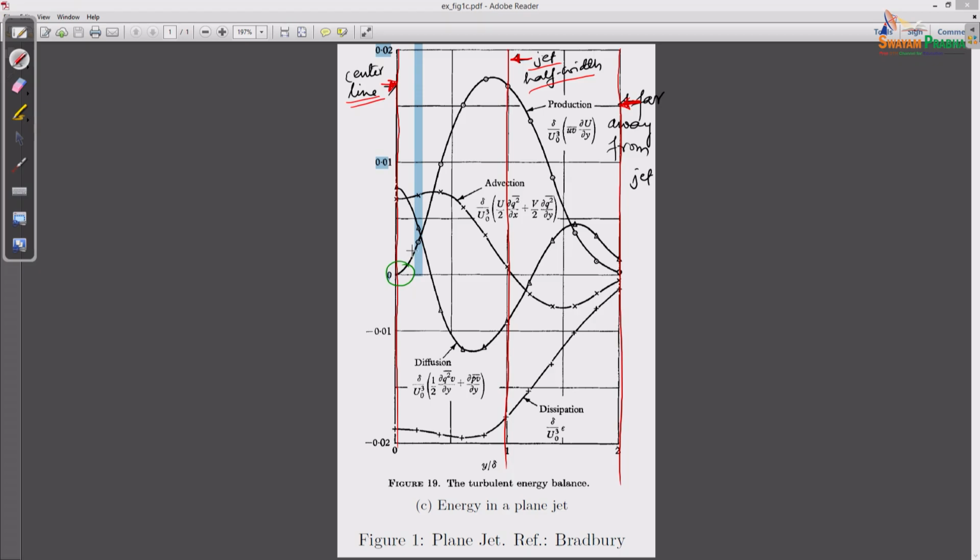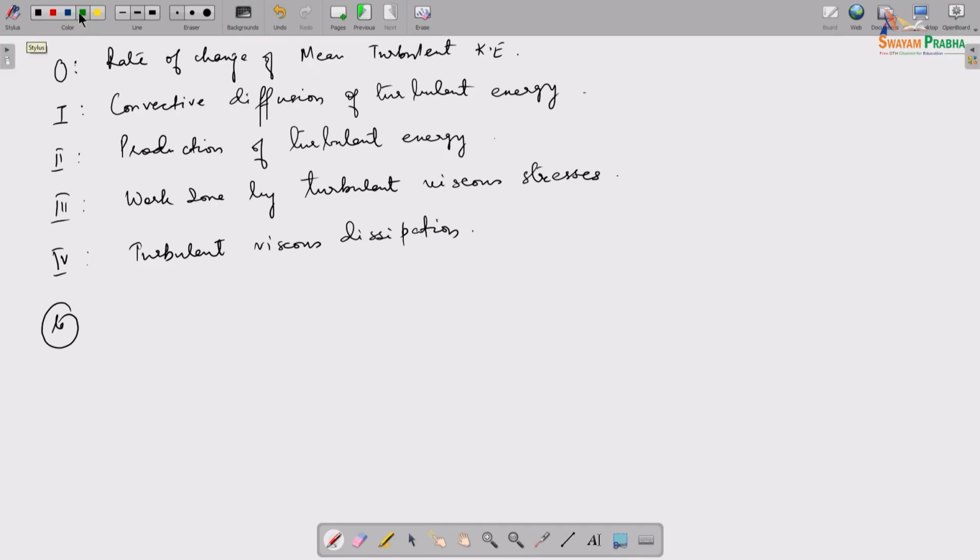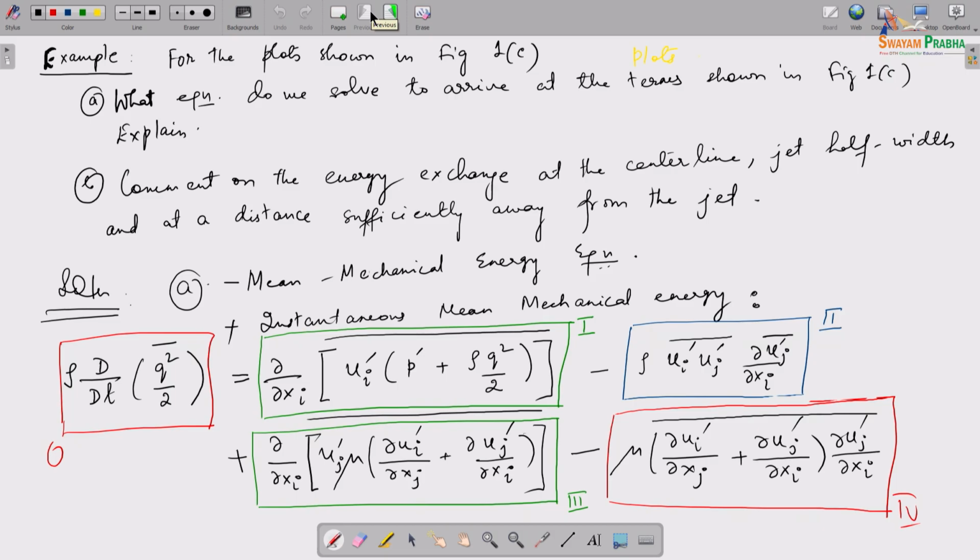Then the dissipation is negative, actually. This is the dissipation, which is negative. Then we have a slightly positive advection and a positive diffusion, right? So why don't we write that? Let us go here and write that at the center line. That is our question, right? The question is, at the center line, jet half width and a distance sufficiently far away.